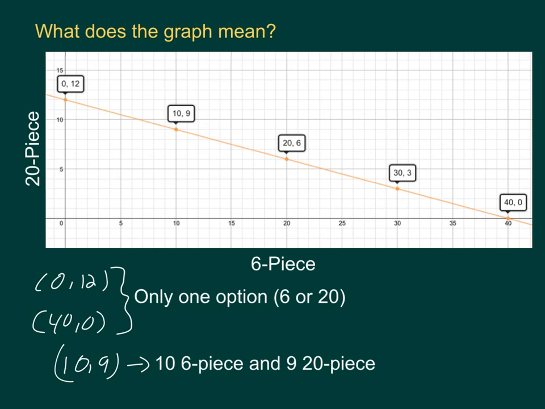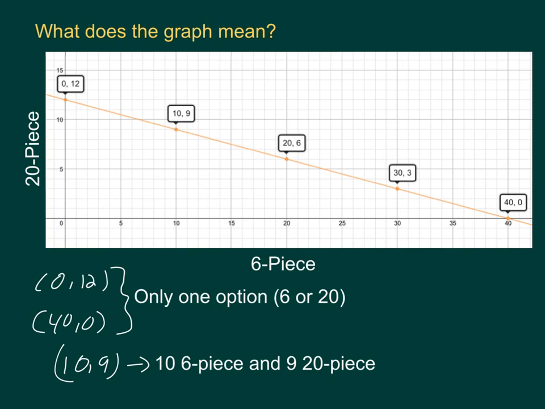Now, despite what we have here, where we've drawn the line, realistically we would have a discrete domain, and we wouldn't extend it beyond there, because that would mean negative values for x or y, and that's impossible. We can't order negative orders of chicken. But these points right here that are highlighted and labeled, those are really your only points that we're going to have, because we can't order parts of an order.